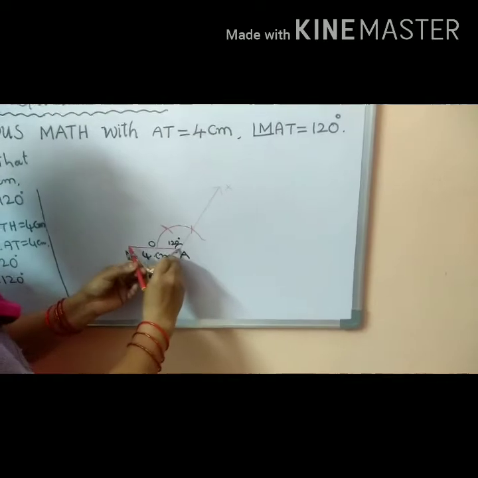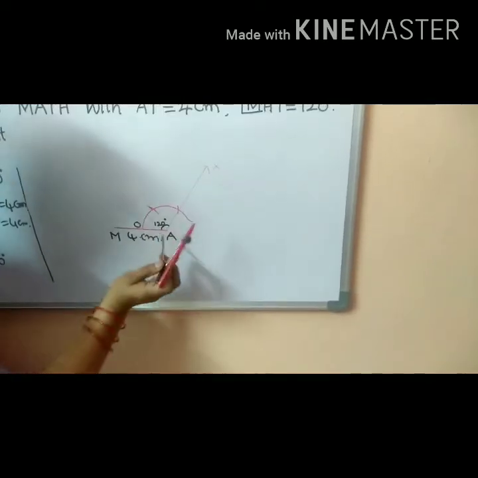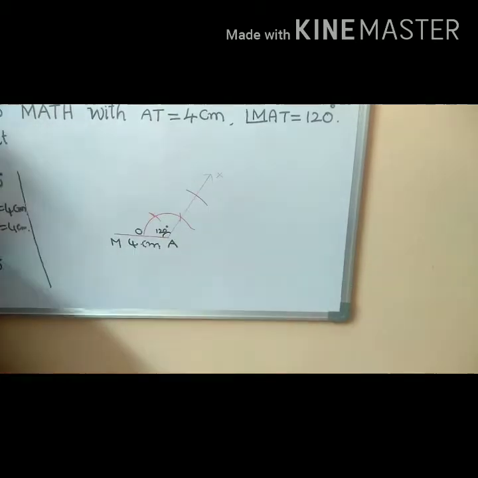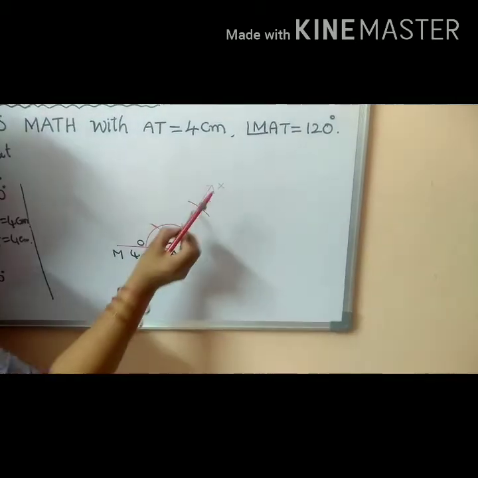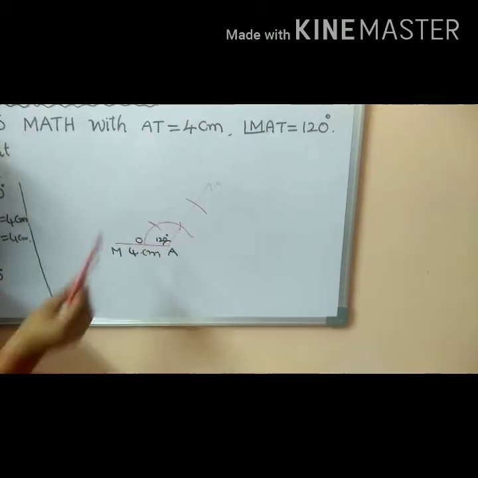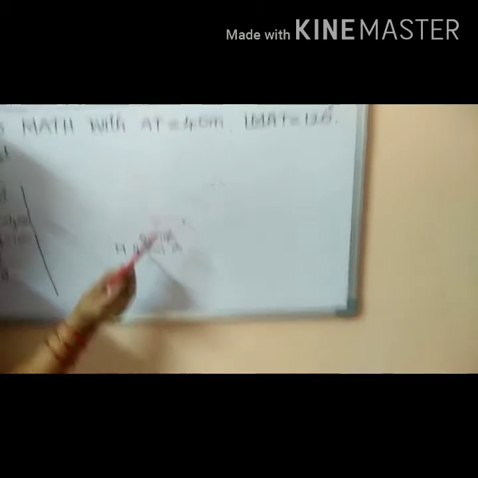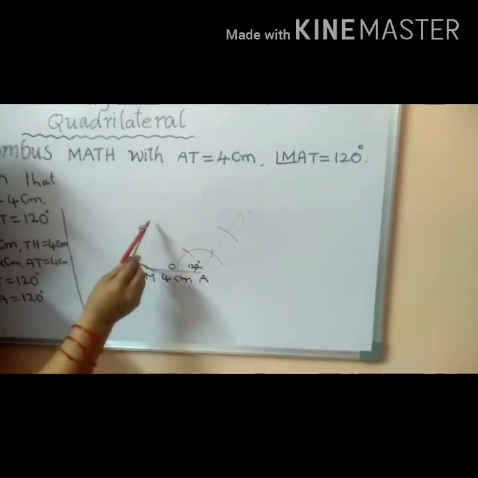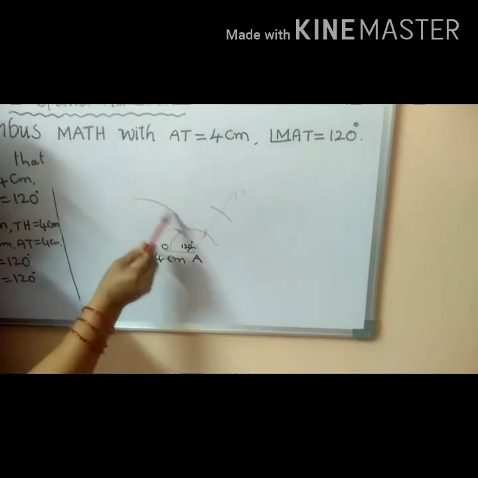At the same time, all sides are equal. So again you have to take 4 centimeters with the center of A and draw one arc, cutting the ray. At the same measurement, take the same radius 4 centimeters with the center of M and draw one arc.